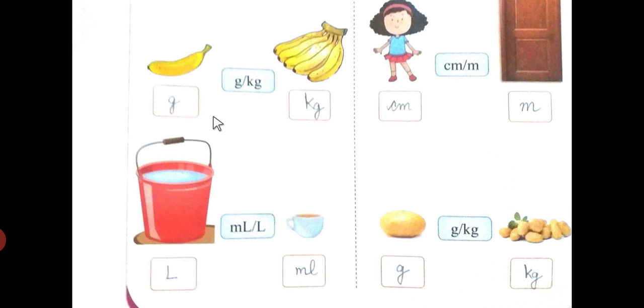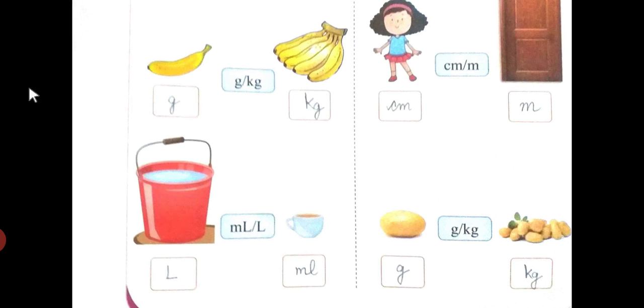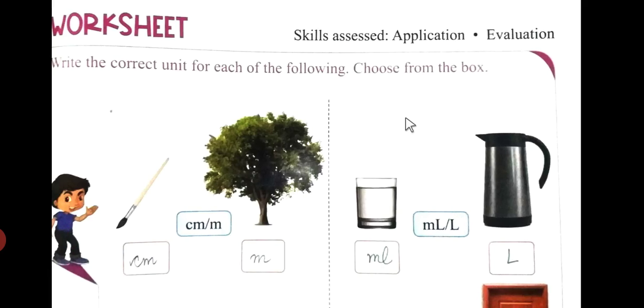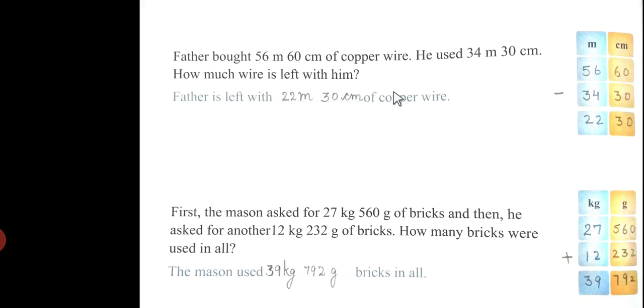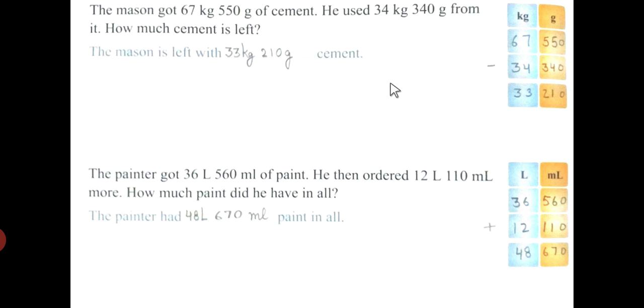So as I have told you in this chapter, do all the exercises in your books as given. These exercises you will do in the book, the worksheet exercises you will do in the book. This word problem also you will do in your books as I have done it for you.